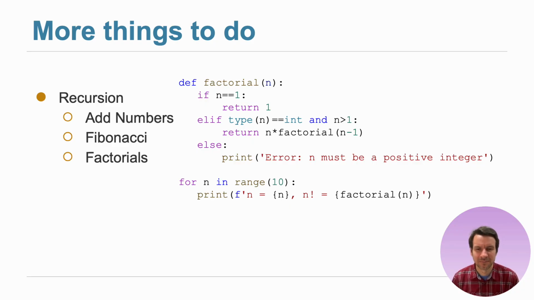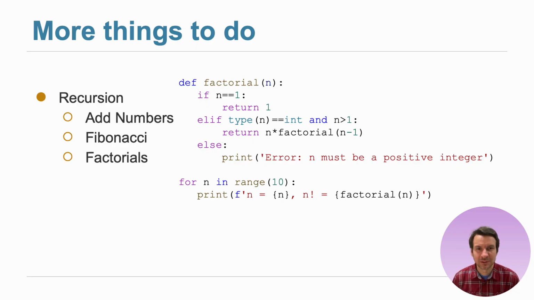The factorial is 1, and the other option is that factorial of n, if n is bigger than 1, is n times factorial of n minus 1. Right? So you can write a function that will do exactly this, and it will call itself. It's called a recursive function.